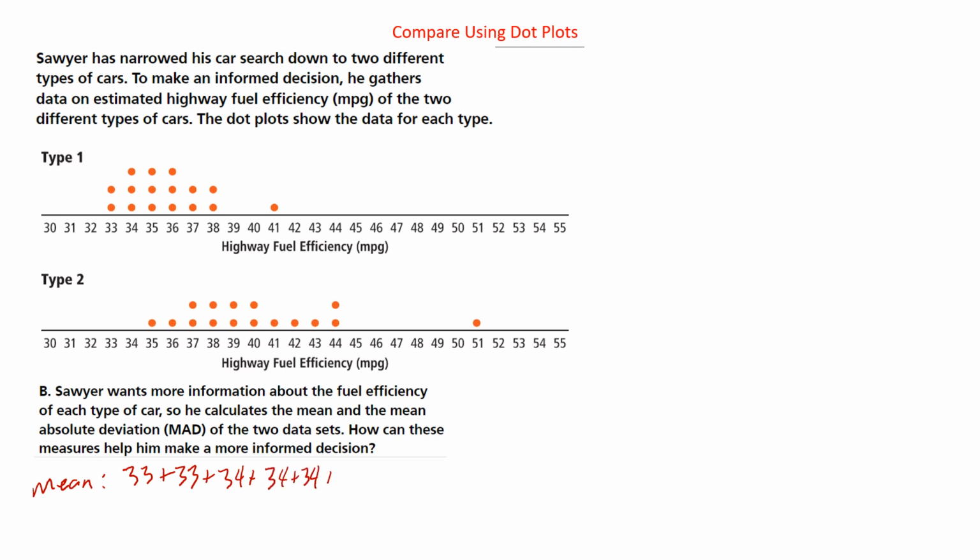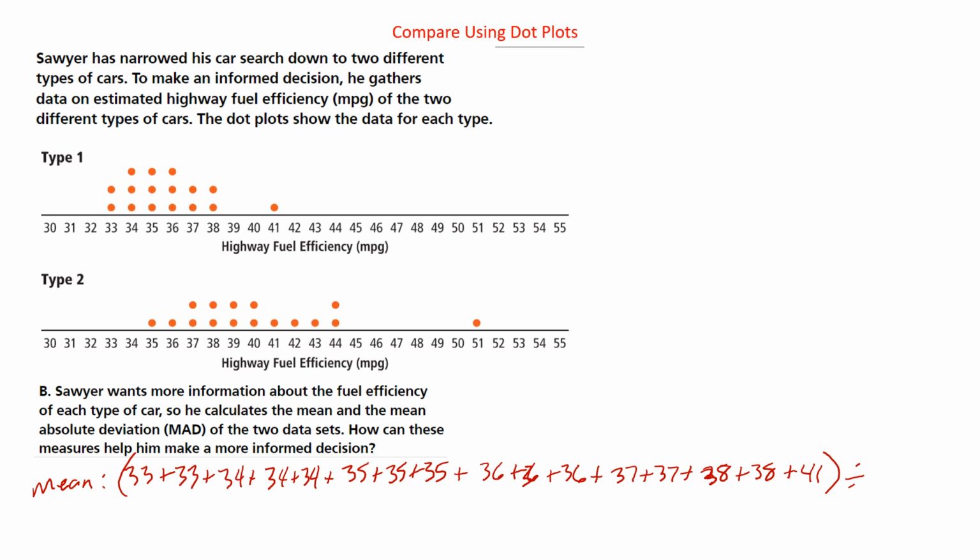Let's see, 3 of those, 3 35s, plus another 3 36s, plus 2 37s, plus 2 38s, plus the 41, and we're going to take all of those and divide by how many we had.